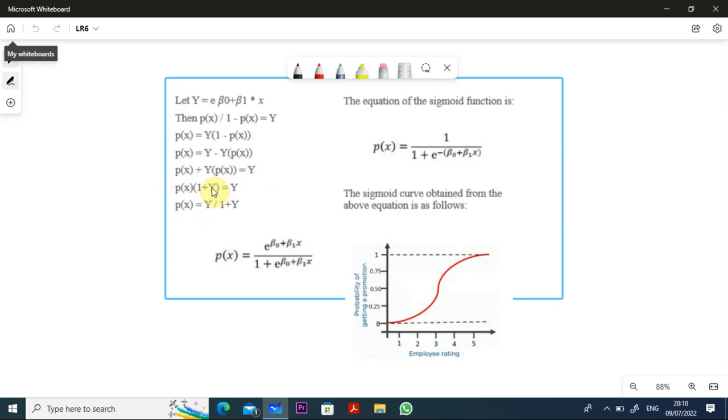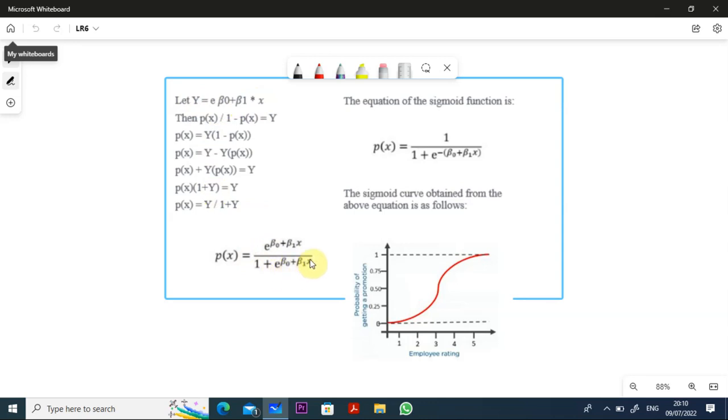Got it now? So px is equal to y divided by 1 plus y. What is this y? I have taken y as e to the power beta 0 plus beta 1 x. So putting in this value, px is e to the power beta 0 plus beta 1 x divided by 1 plus e to the power beta 0 plus beta 1 x.